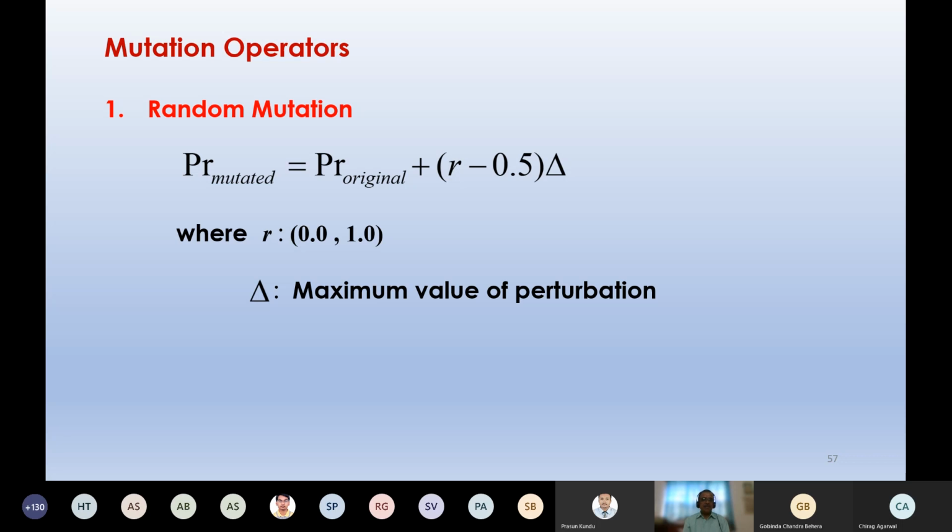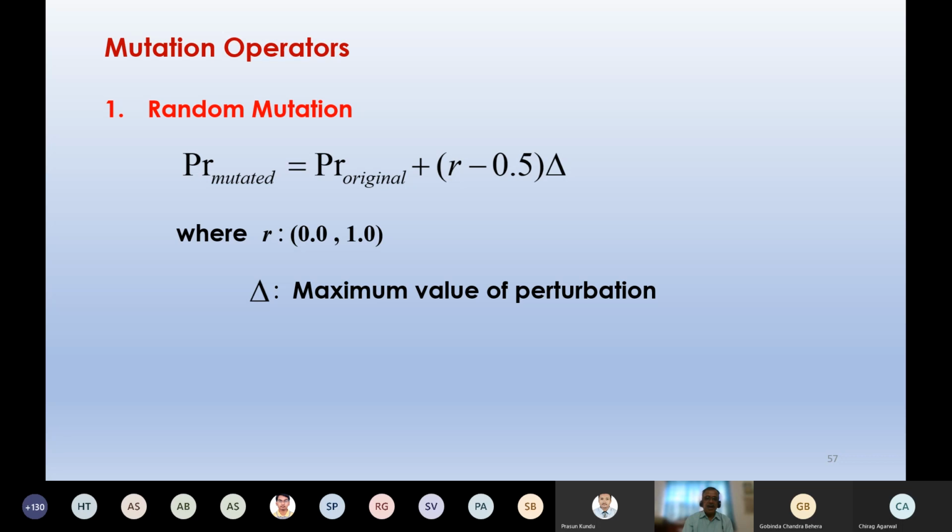Out of all the proposals, the most popular ones are the random mutation and the polynomial mutation, which I'm going to discuss. According to random mutation, the mutated solution, that is PR mutated, is nothing but PR original plus R minus 0.5 multiplied by delta.